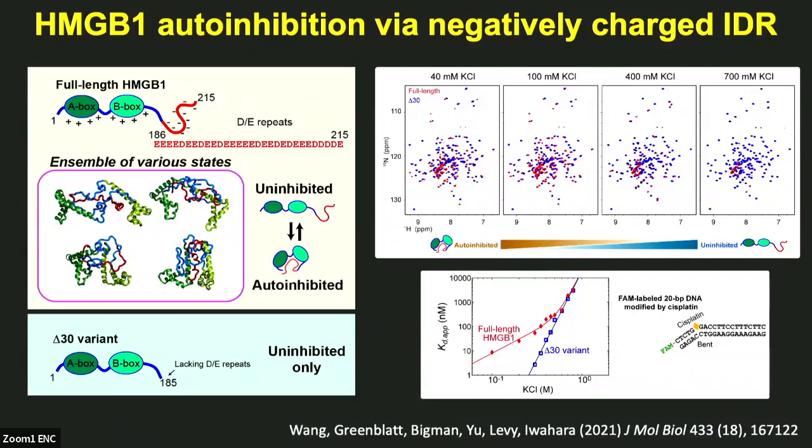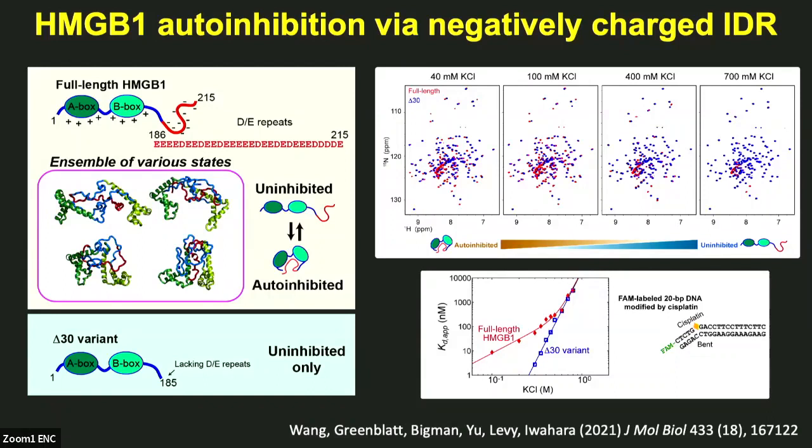HMGB1 is a 215 residue protein, and the C-terminal 30 residues are completely negatively charged, either glutamate or aspartate. And it has 2 DNA binding domains that are positively charged. Because of those opposite charges, these 2 segments, the DNA binding segment and the C-terminal segment, electrostatically interact, and it causes autoinhibition.